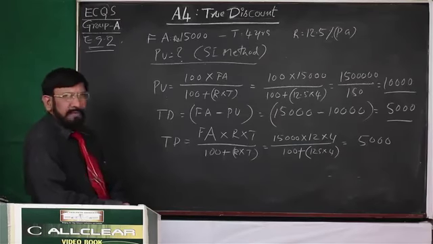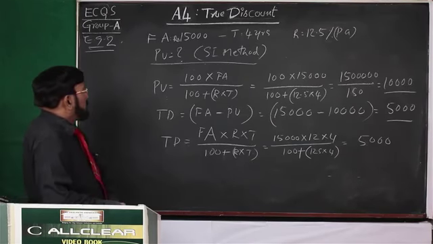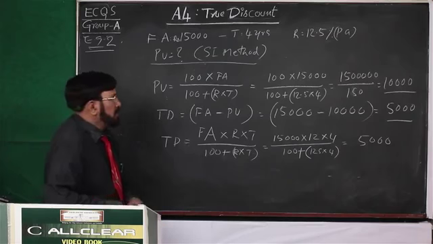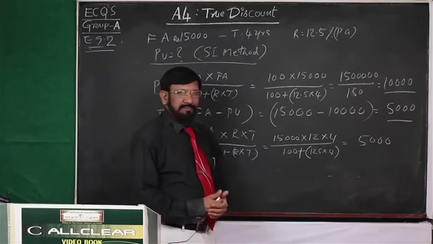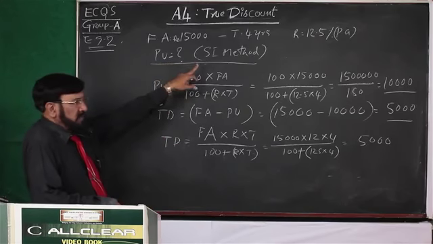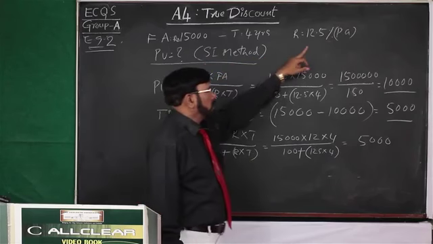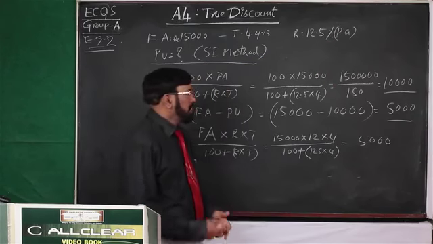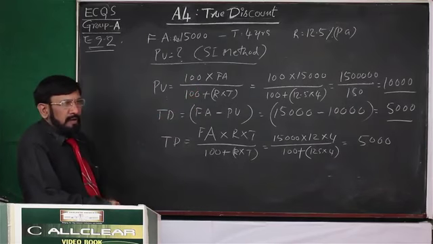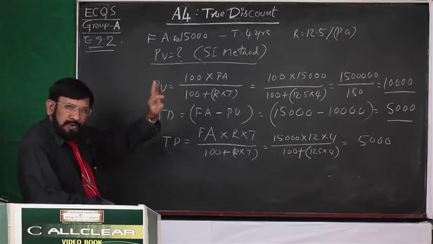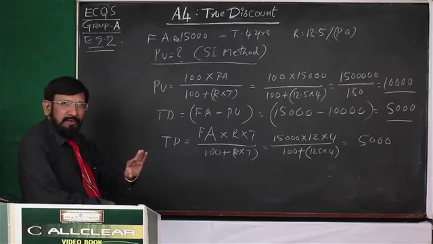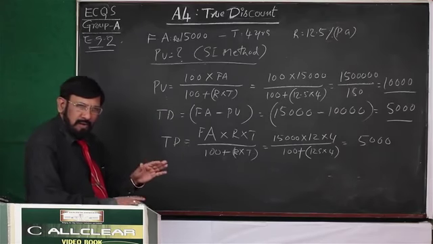Now let us consider one more example. Here the future amount is 15,000 rupees. It is due after 4 years and we have to calculate the present value using the simple interest method at the rate of 12.5% per annum. Now we see the formula, PV is equal to 100 into future amount, FA, always use FA, future amount, because future amount and present value are correlated.